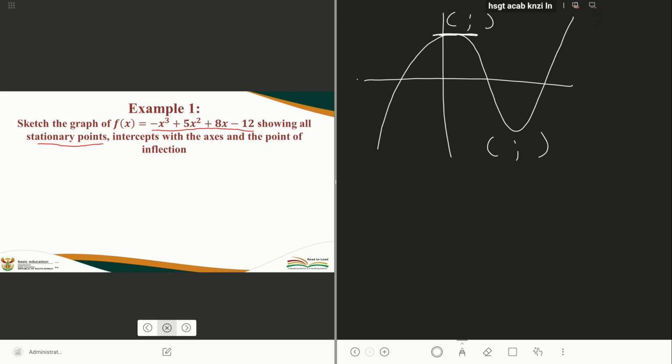And also the intercepts, I must include the coordinates of the x-intercepts that I see on my graph, okay? And also the point of inflection, where the graph changes its concavity.